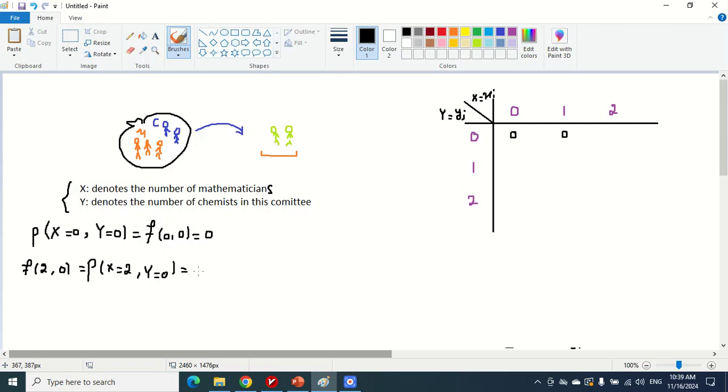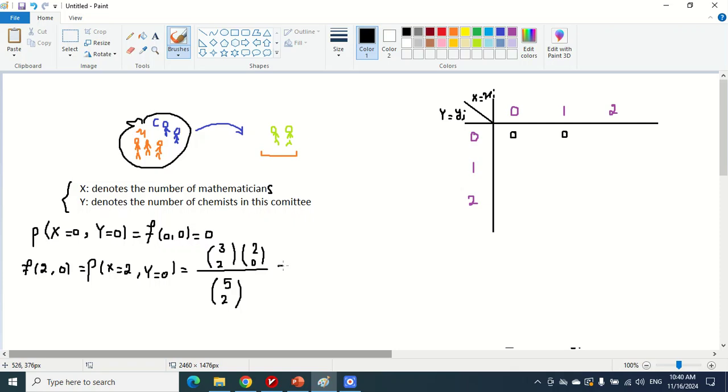To calculate that, first of all, I select 2 persons out of the people that we have in our team. Totally we have 5 persons, so it's 2 out of 5. At the numerator, I want to choose 2 mathematicians, so 2 should be selected out of 3, and I want 0 out of 2 persons from the chemist part.